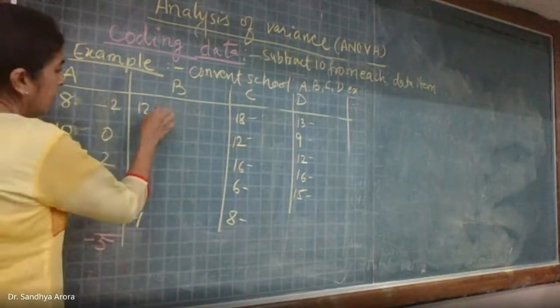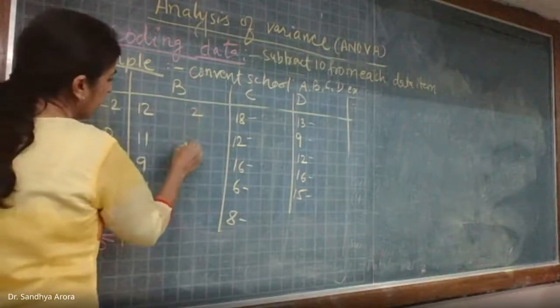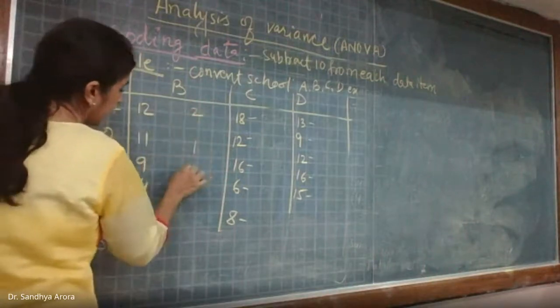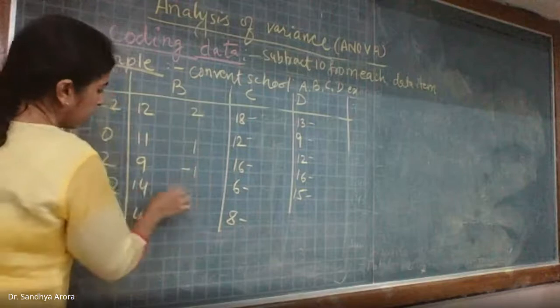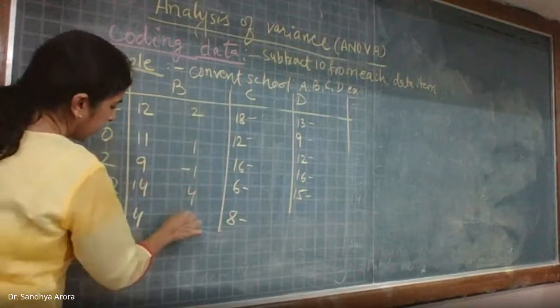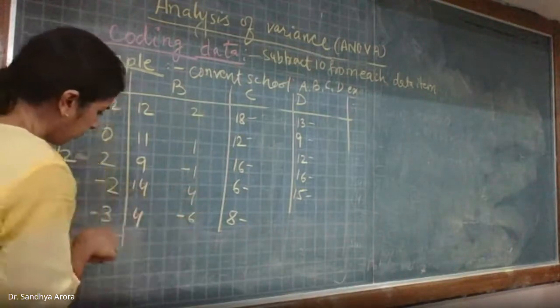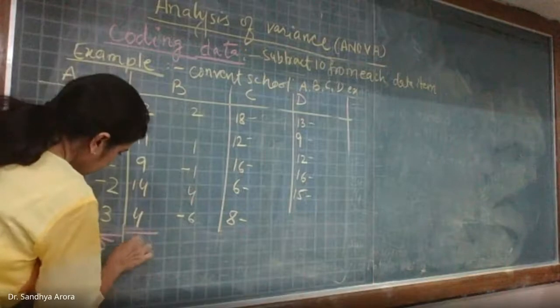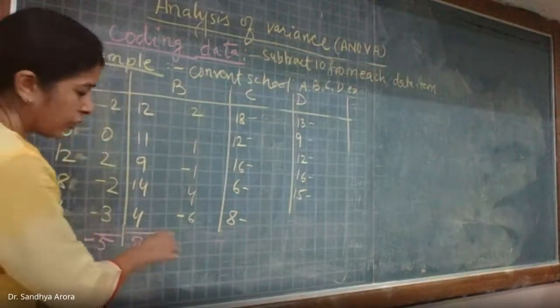So 12 minus 10 is 2, 11 minus 10 is 1, 9 minus 10 is -1, 14 minus 10 is 4, 4 minus 10 is minus 6. What is the summation of this? It is 0.